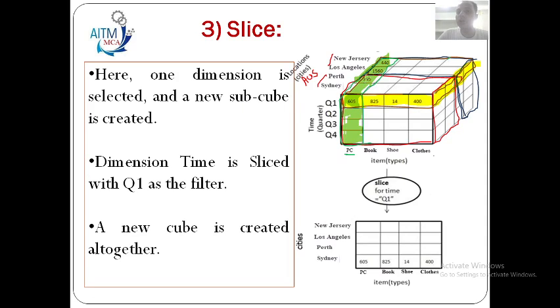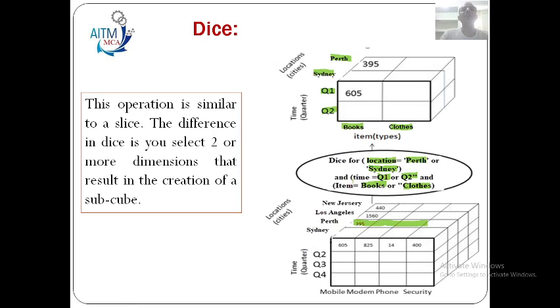Here, in slice, we should take only this way. Either you can cut in the horizontal way, or you can cut like this. But you cannot take more than one city, or more than one quarter. I cannot take Australia and USA, we have segregated, no. But here you can take more than 2 dimensions.